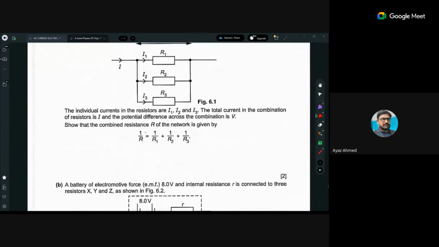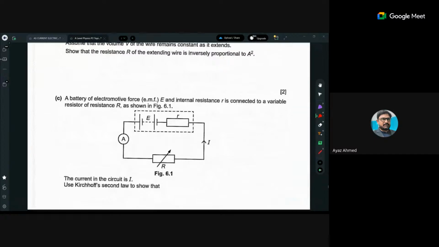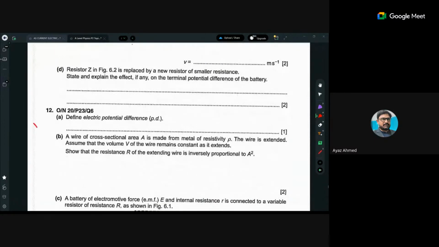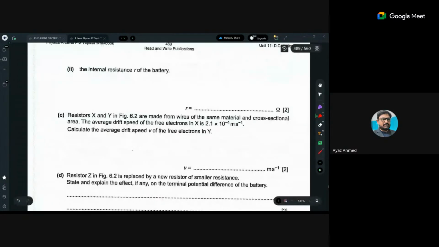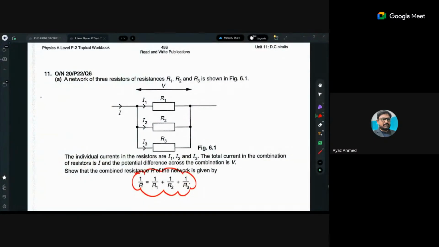Look, you have to derive it. Then yes, question number 12 is your homework. What about 11? Yeah, that is your homework.